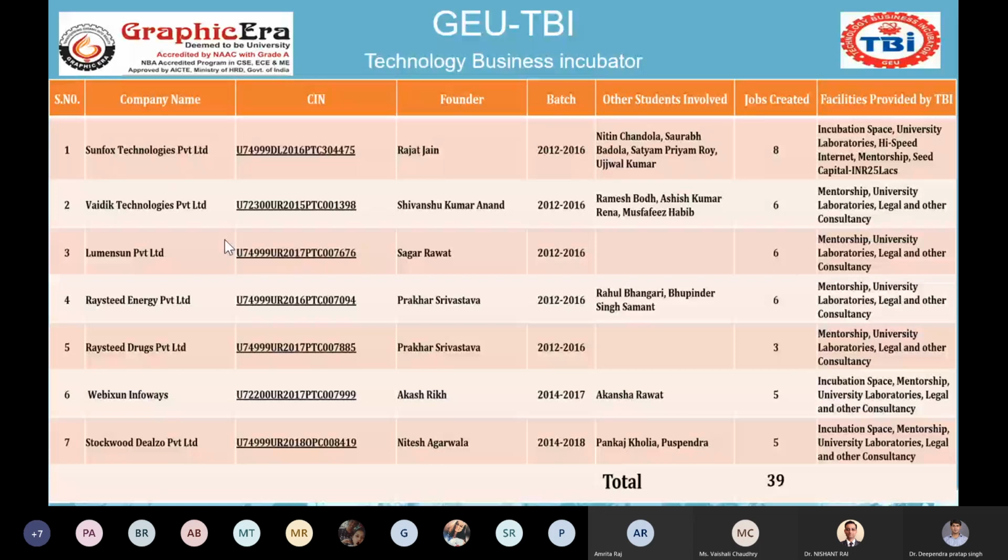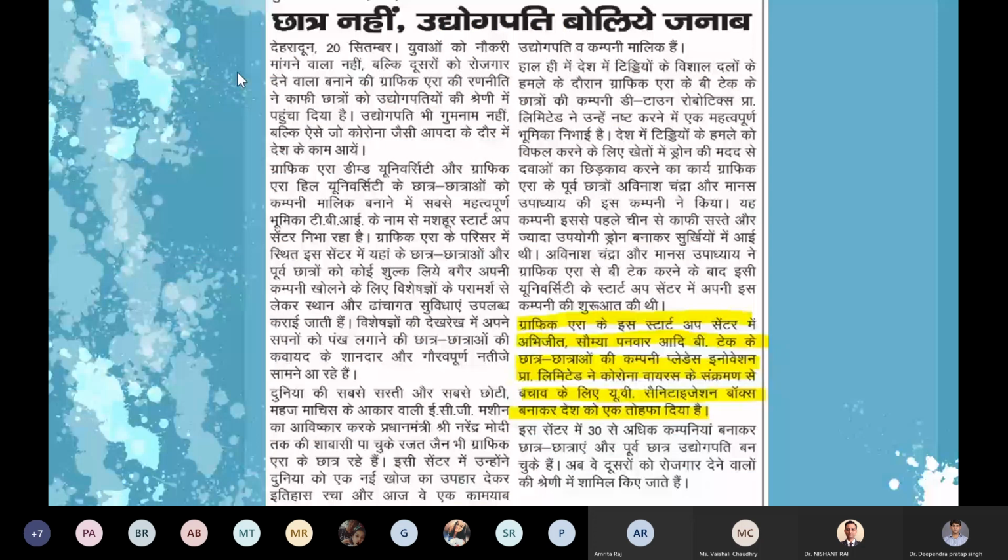Okay, so this was recently published on 20 September in one of the reputed newspapers of Dehradun, which described these new students like Rajat Jain, and D-Town Robotics, which I already mentioned, and these placements.